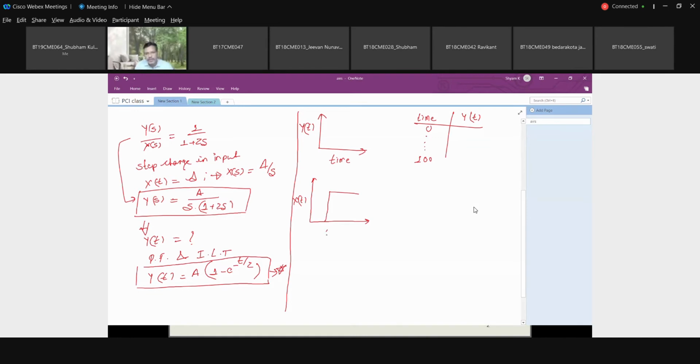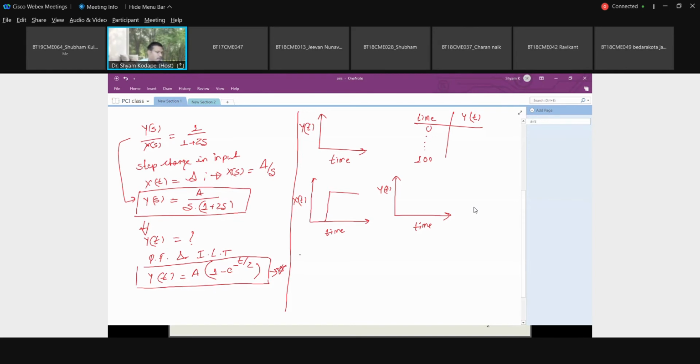How will the y(t) be? Will it be of the same shape? Correct. So what nature are you expecting? You just plot it, and you will observe that.